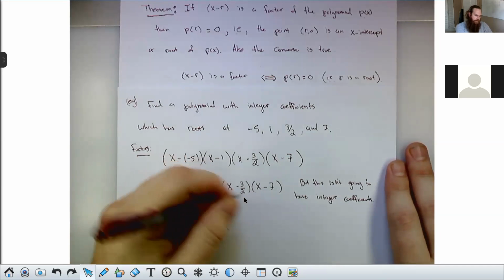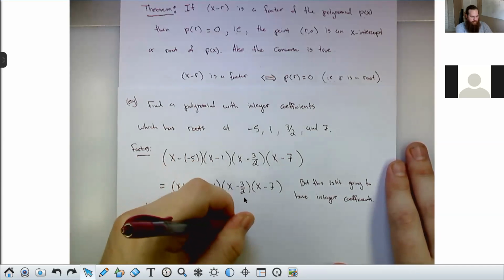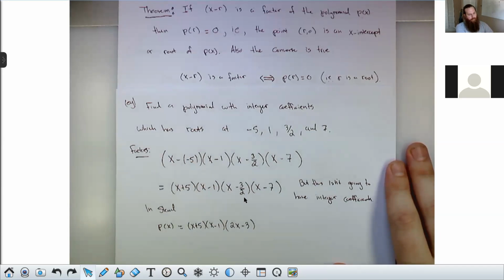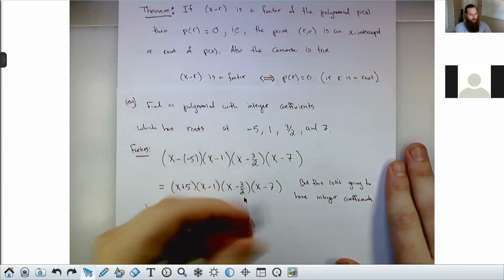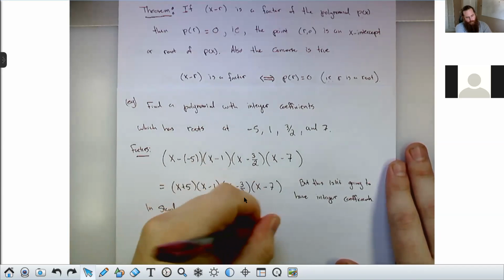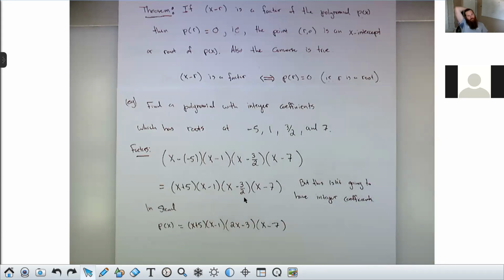This guy, I could instead use 2x minus 3. Notice that he is also 0 when x is equal to 3/2. In other words, if you multiplied through this whole polynomial by 2, you would get the polynomial that I requested. So this is the guy we want.